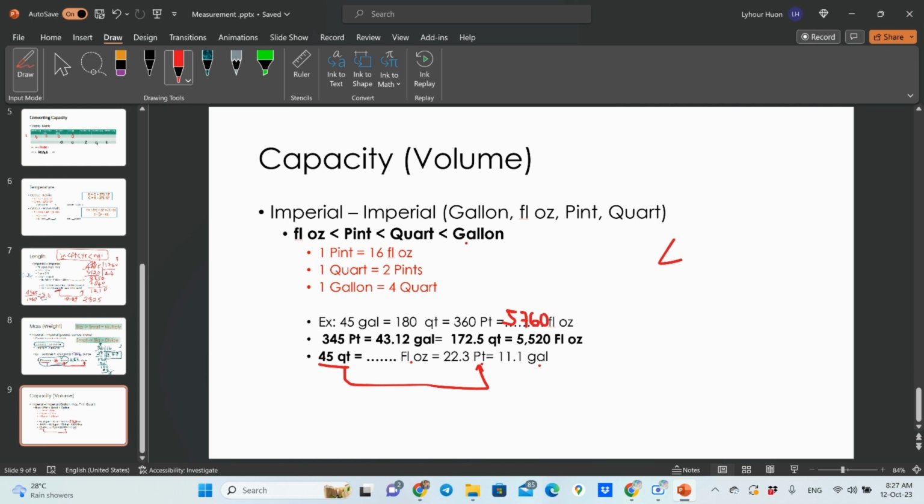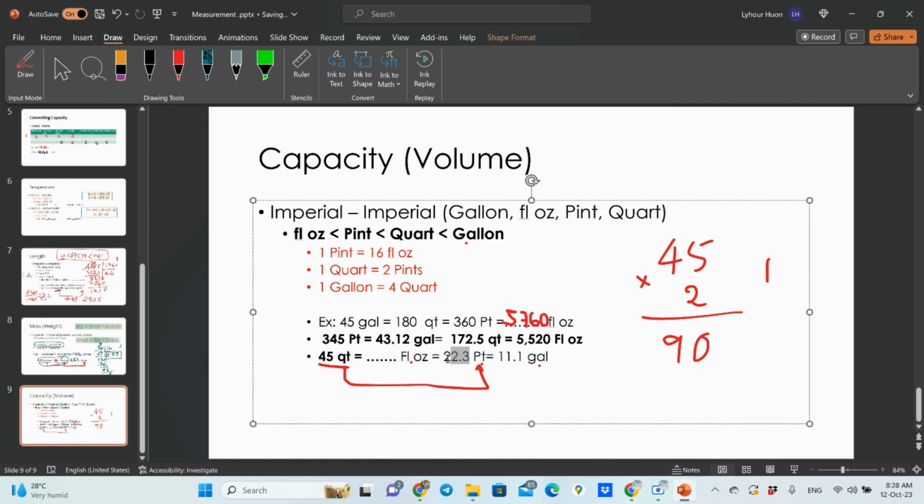So 45 times 4 times 2... 2 times 5 is 10, and the result is 90.